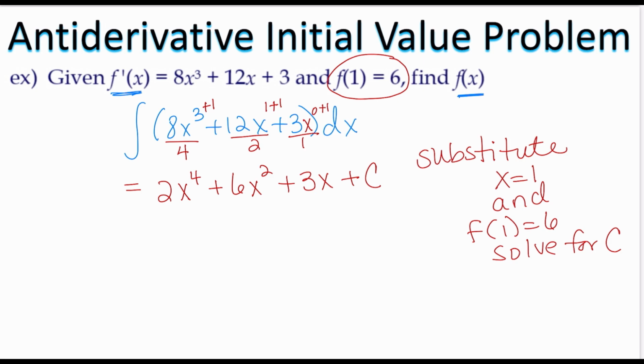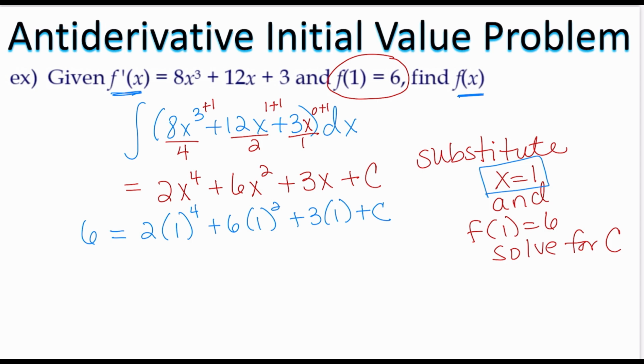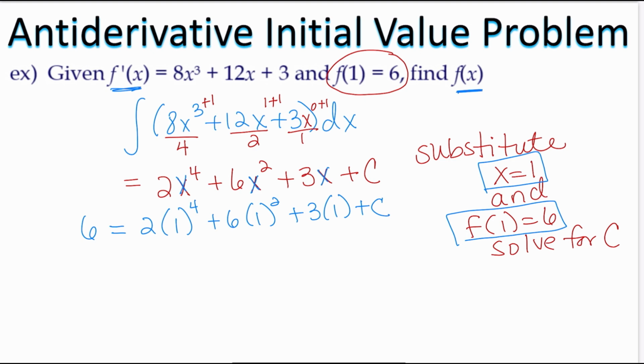I'm going to write 6 is equal to 2 times 1 to the 4th power plus 6 times 1 to the 2nd power plus 3 times 1 plus c. Because x is equal to 1, everywhere I see an x, I substitute the number 1, and the answer is equal to 6. That is why I've made it equal to 6.